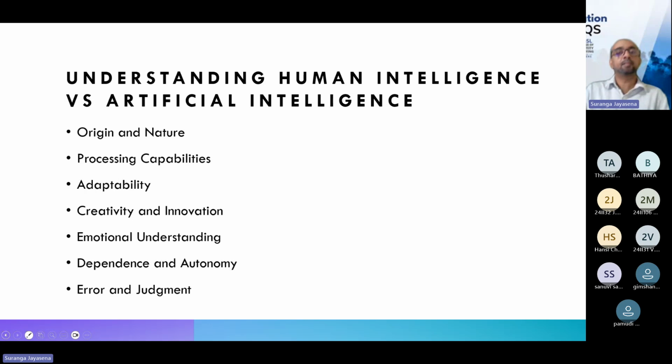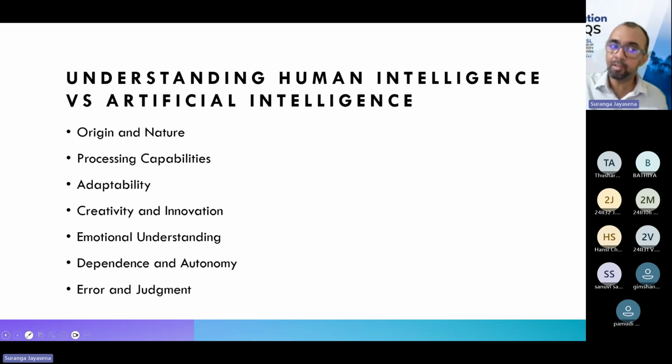So AI excels in specific, well-defined tasks in this area, right? Very specific and defined tasks, and can handle those tasks very efficiently.